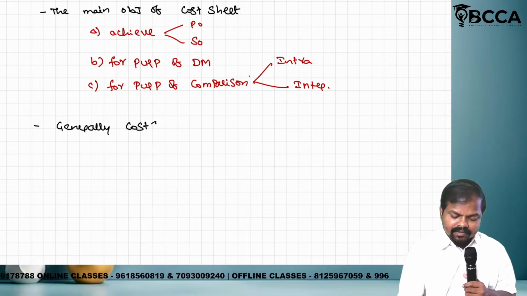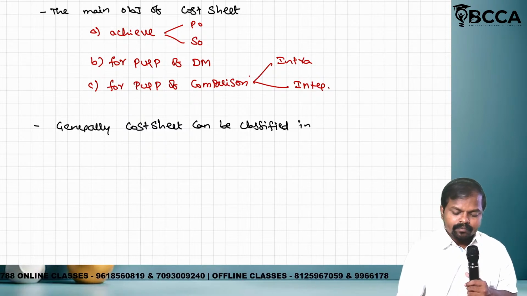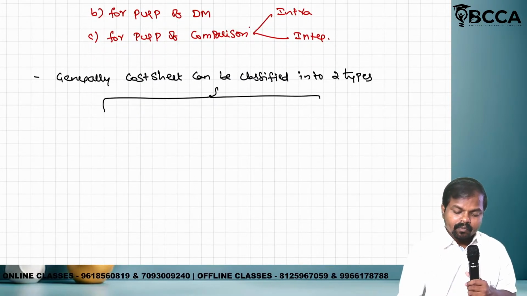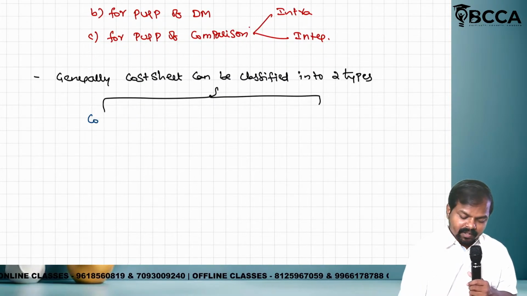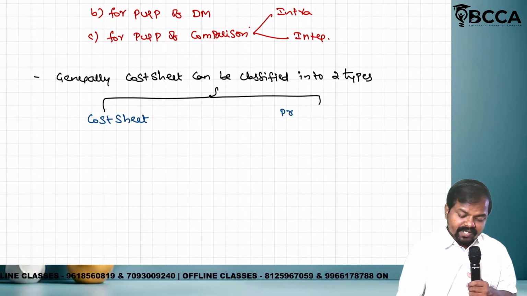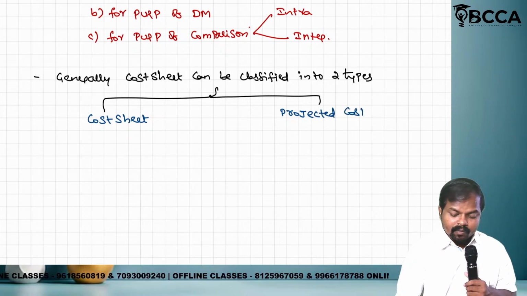Generally, cost sheet can be classified into how many types? Two types. What? Cost sheet, projected cost sheet. What is the alternative name for projected cost sheet?